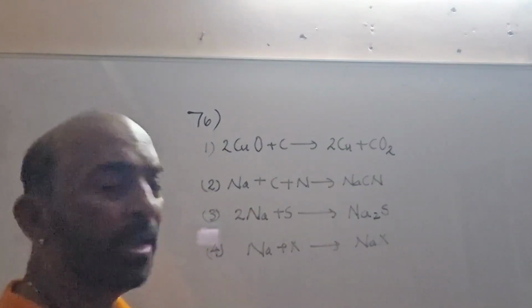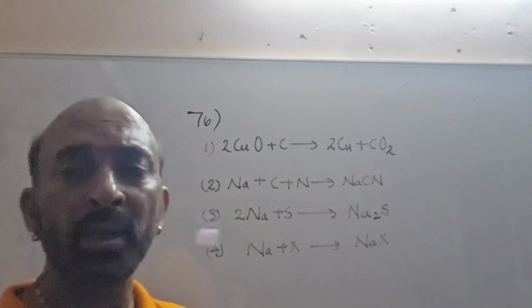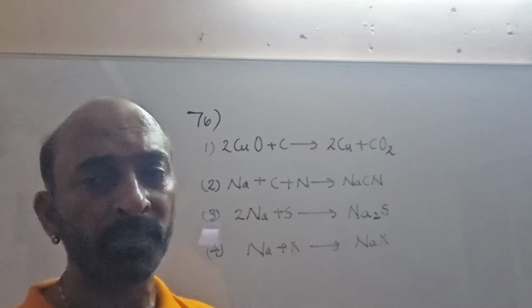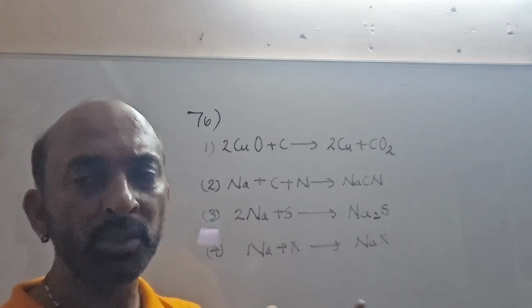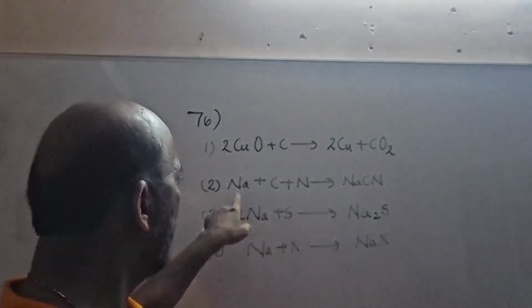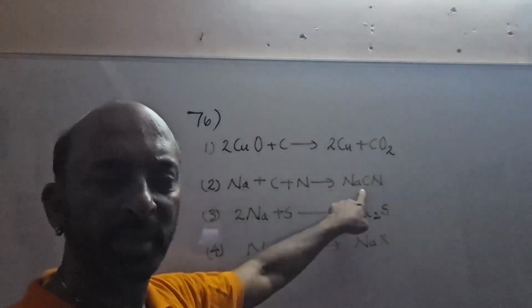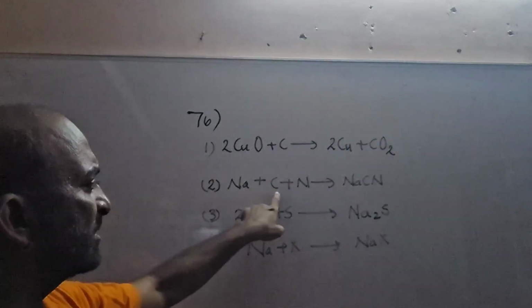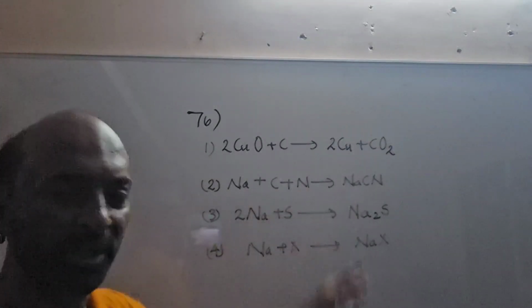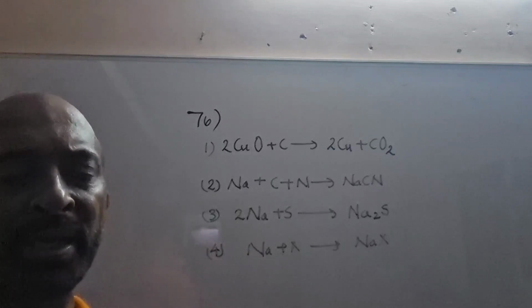For example, the organic compound always contains carbon. If it contains nitrogen also, the Lassaigne solution would contain NaCN, sodium cyanide, formed by the combination of Na plus C plus N. So the solution would contain cyanide ion.